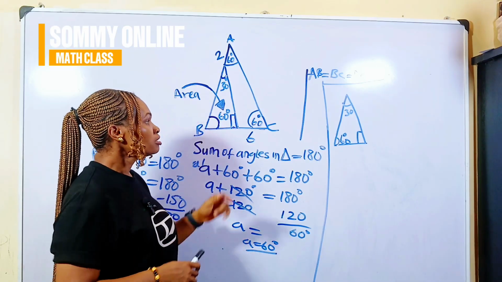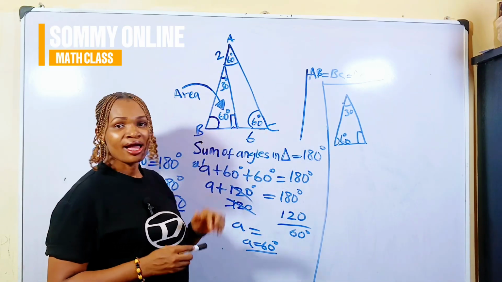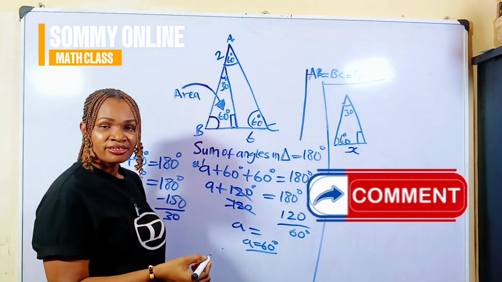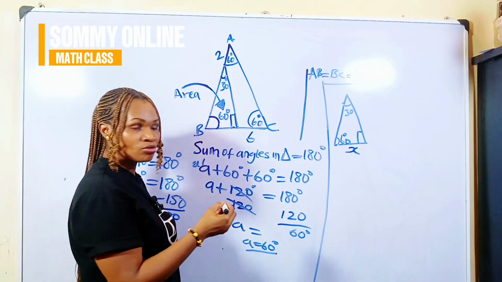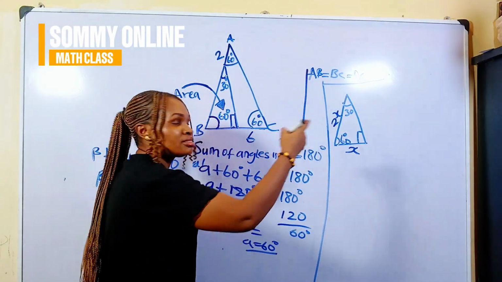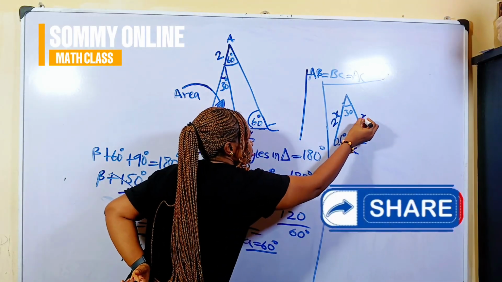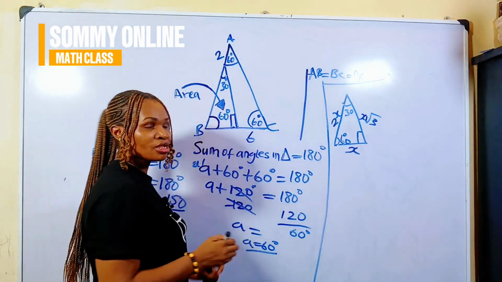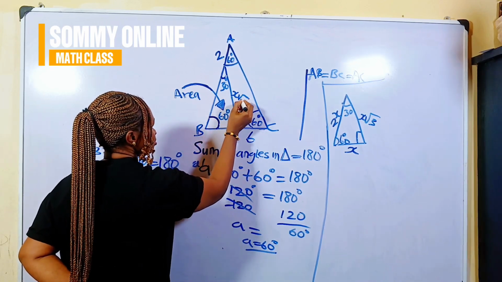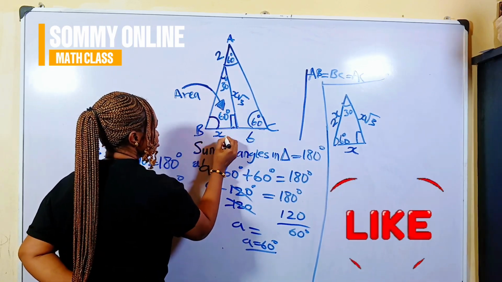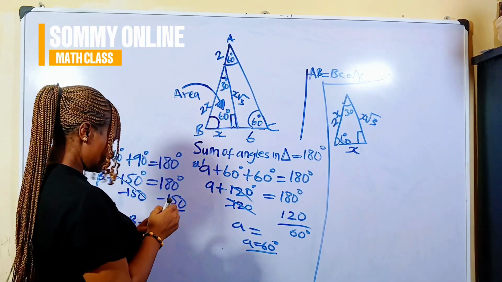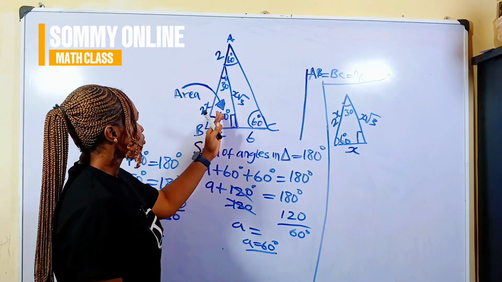The side facing the smaller angle should be S, the side facing the larger angle, which is 90 degrees, will be 2S, and the adjacent side is S root 3. So let's put it here: we have S root 3 as the adjacent, S, and the hypotenuse is 2S.